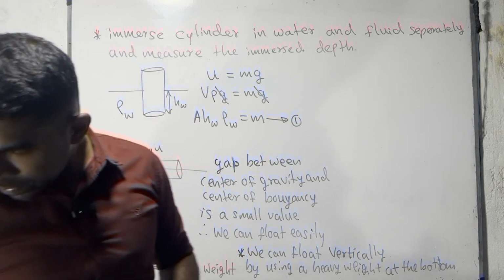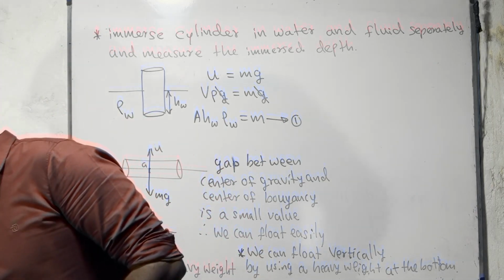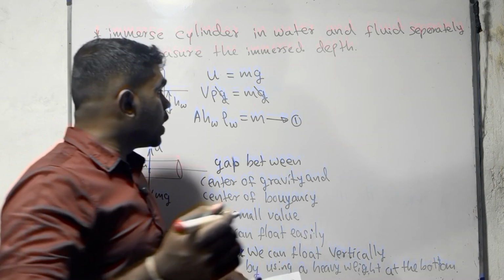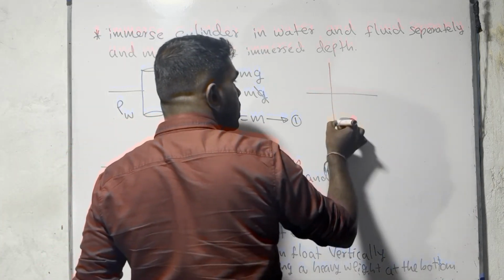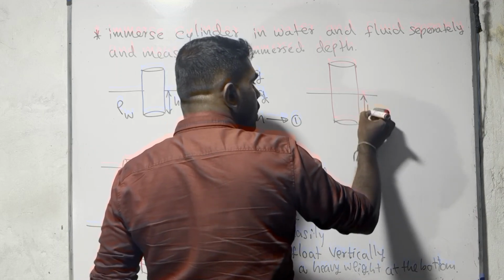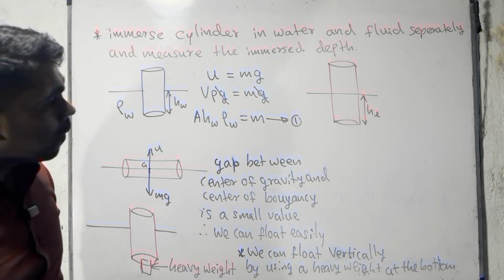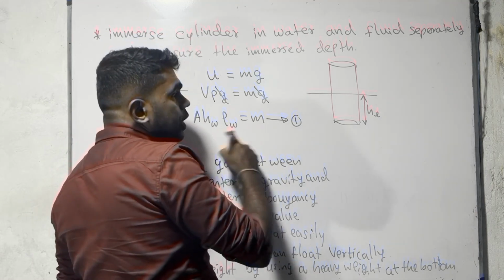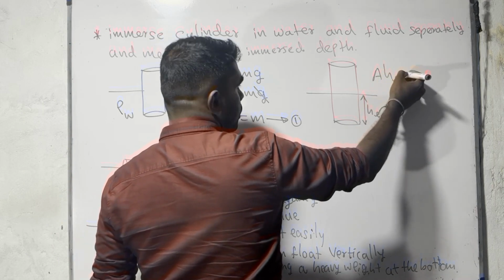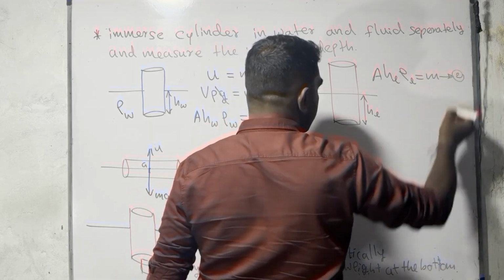Then we can consider the corresponding liquid, and we can immerse the same cylinder in the corresponding liquid, and we can measure this depth HL. Again we can write this equation: cross-sectional area into HL into density of liquid should equal M, second equation.